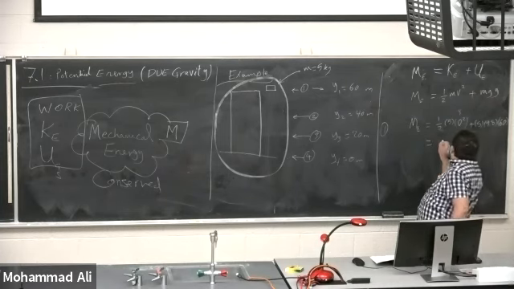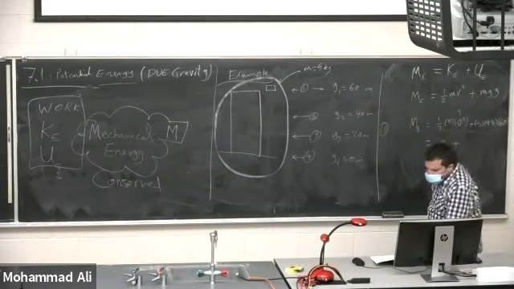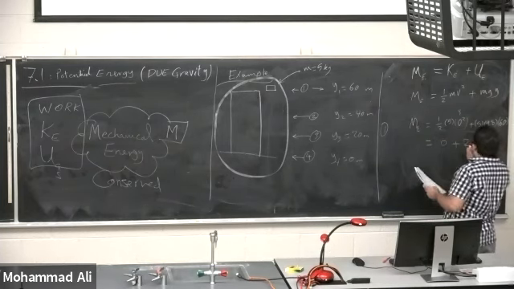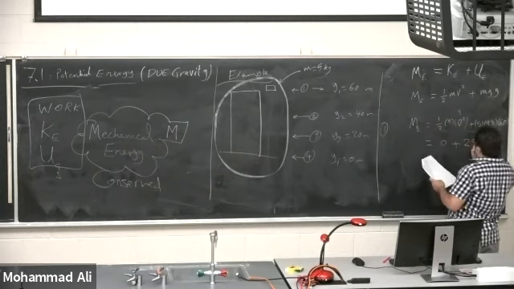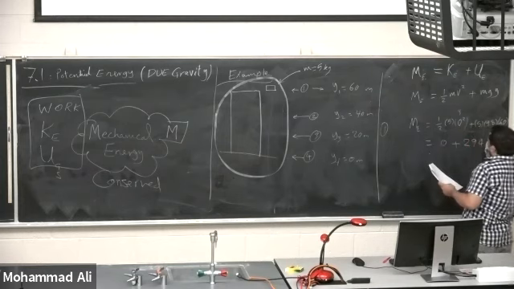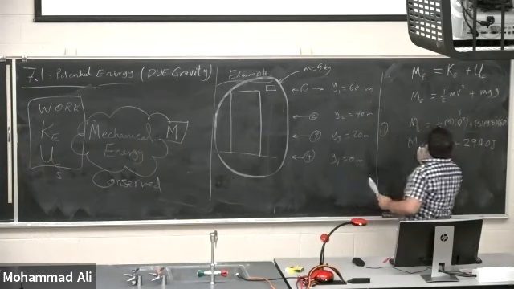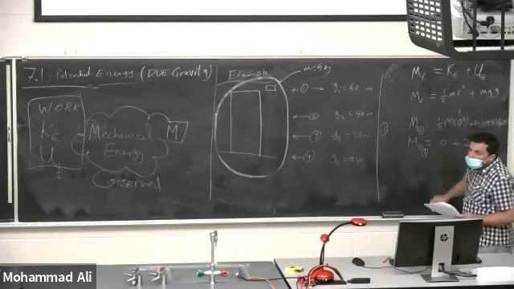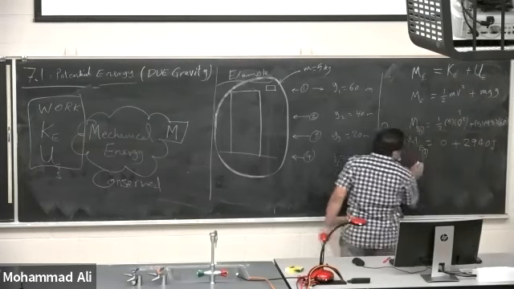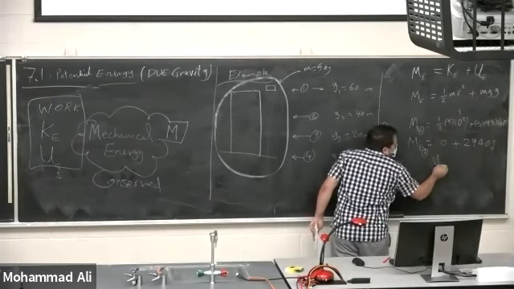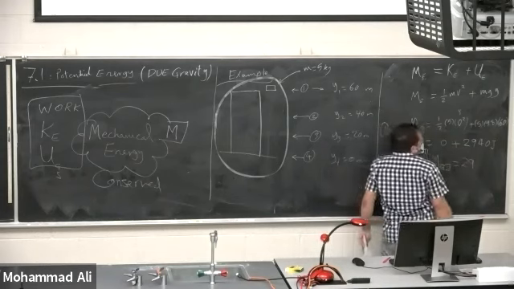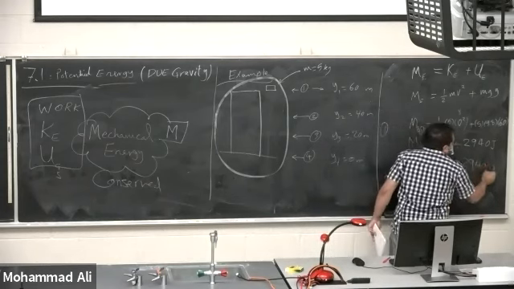This will be equal to 0 plus how much? 2,940 joules. This is equal to the mechanical energy at the first point. So the mechanical energy at the first point is equal to 2940 joules.